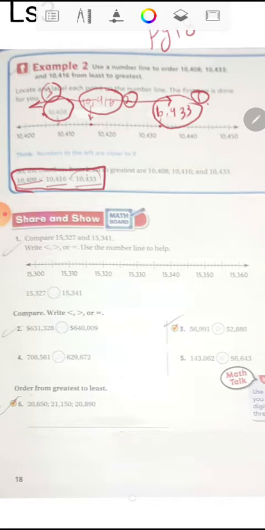So if I want to locate 15,327, first it will be right here between 15,320 and 15,330. So I will count here.